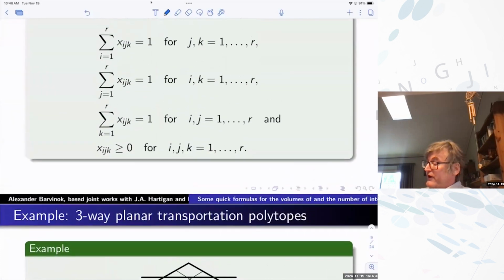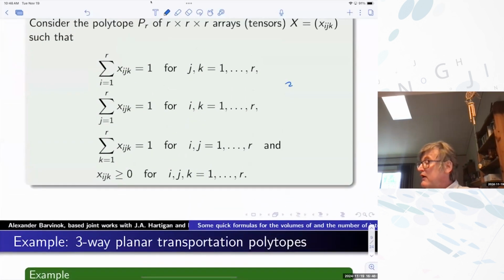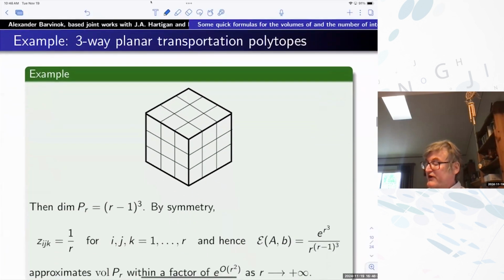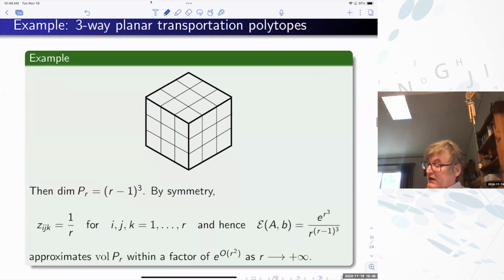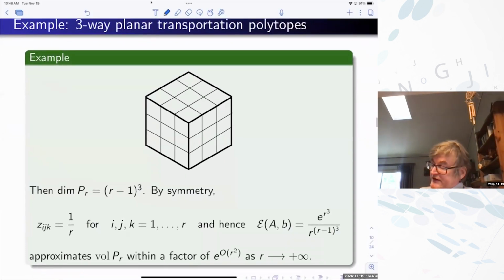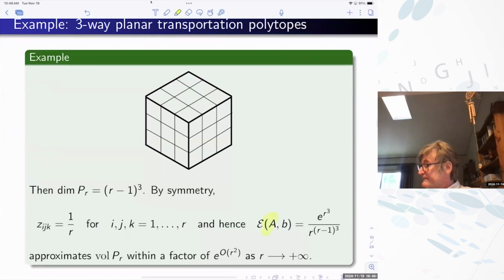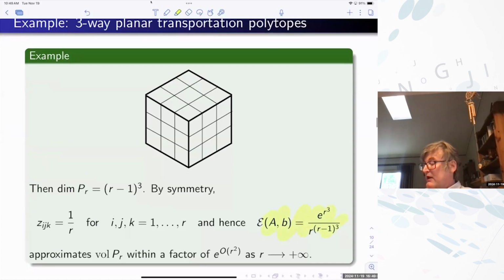So again, there are three R squared equations, but of course they are linearly dependent. So the true dimension is R minus one cubed. And again, we don't have to do anything about the analytic center because by symmetry, it has to have 1 over R everywhere, right? And then we get the estimate.